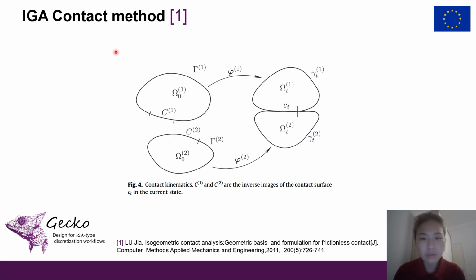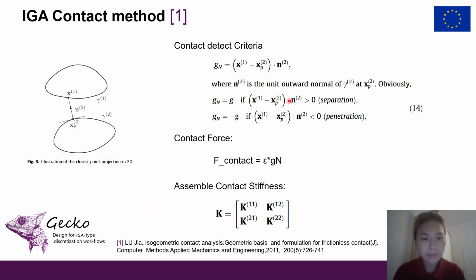During the contact simulation, the two bodies Omega 1 and Omega 2, and also the target contact boundaries C1 and C2, approach each other until they reach a common contact boundary. In the penalty method, the contact is detected based on the normal gap denoted as Gn.